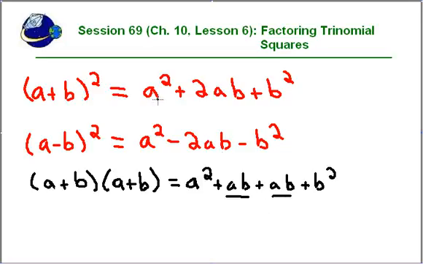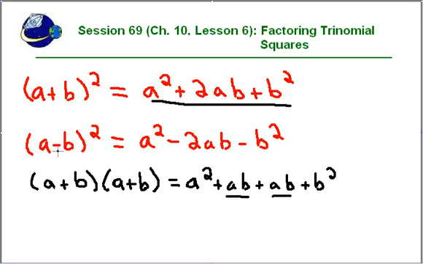And that's where we get the 2ab up here. We have a squared plus 2ab plus b squared. That coincides and matches with our a squared plus 2ab plus b squared up here. So what we've just done is demonstrated a plus b squared is equal to a squared plus 2ab plus b squared.